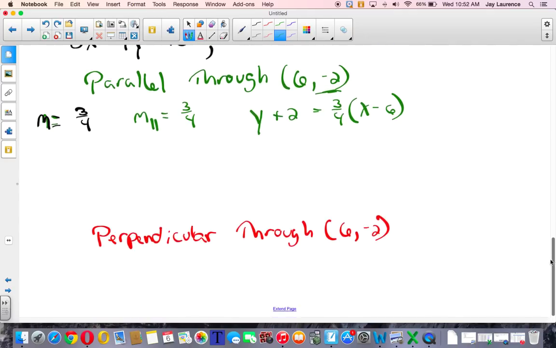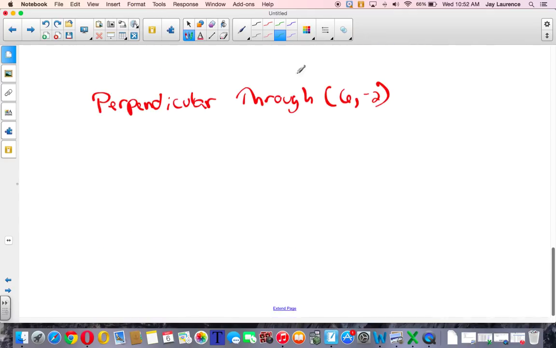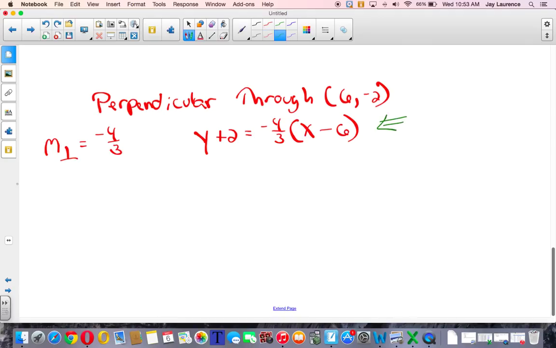All right, now same with perpendicular. My slope is 3/4, which means my perpendicular slope is going to be -4/3. The equation could be y plus 2 equals -4/3 times the quantity of x minus 6. You know what? I'll go ahead and convert it to slope-intercept form. This is the answer in point-slope form.